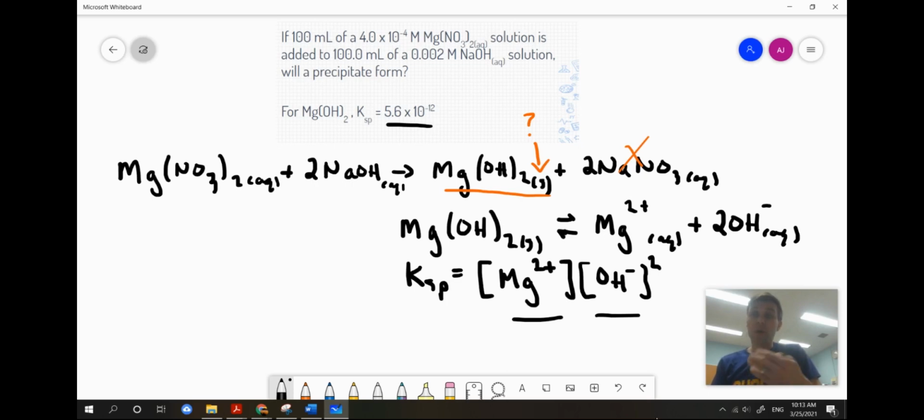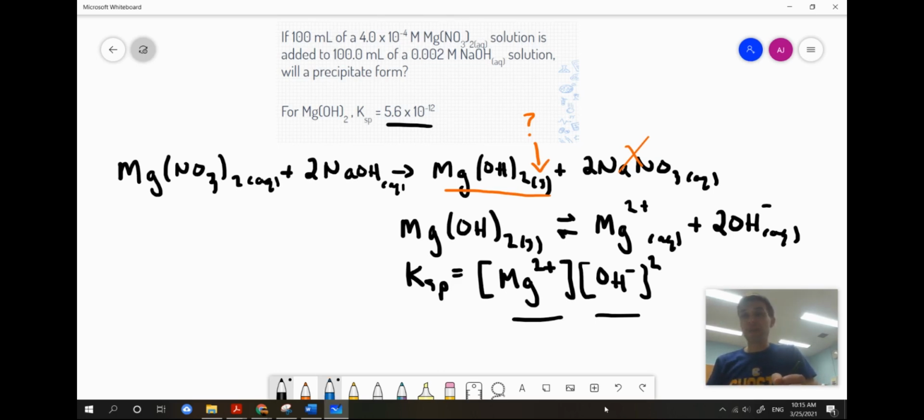A precipitate will only form if this ion product, the right-hand side of this equation, is larger than the KSP value. So that's going to be our test. To compare these values to our KSP, we first need to find the concentration of magnesium and hydroxide ions in solution.